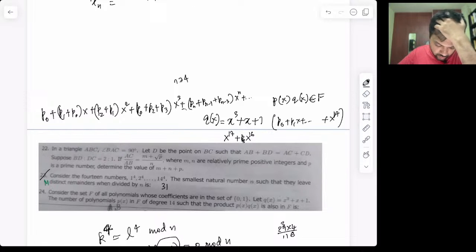How do we solve? Each of them can only be 0 or 1.